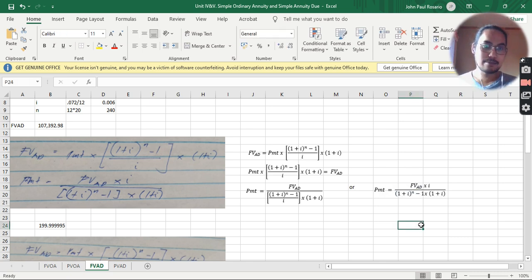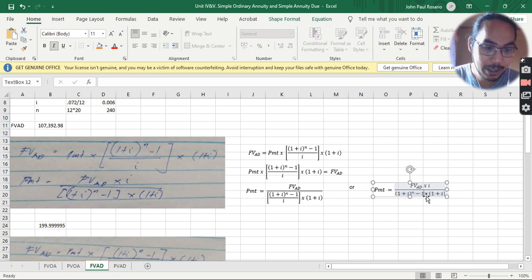So what happened here is that when we transfer this expression to the other side, our i was transferred to the numerator, and the rest of our numerator was transferred to our denominator. So you can solve it like this. But do not forget this one should be like that.